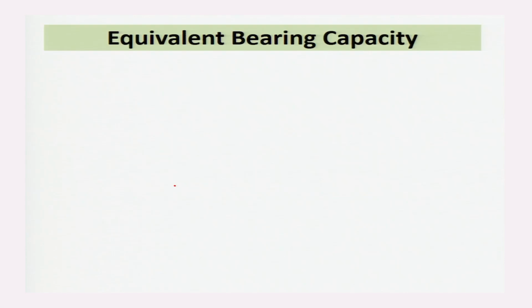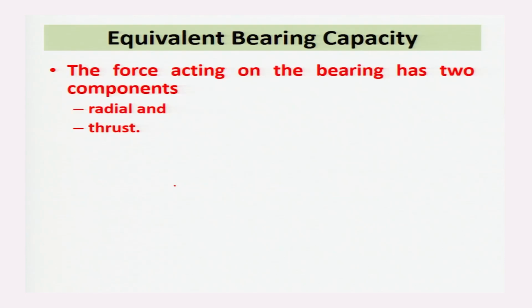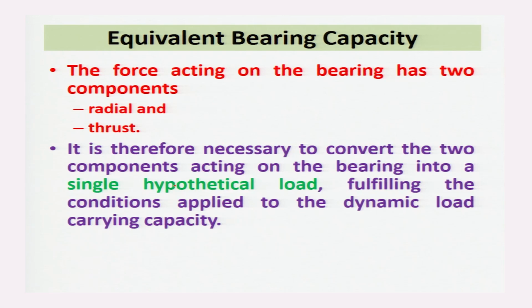Now, the dynamic load capacity was given as the radial load in the radial bearing and thrust load in the thrust bearing. But the force acting on a bearing has two components, radial and thrust, and a combination may also be there.